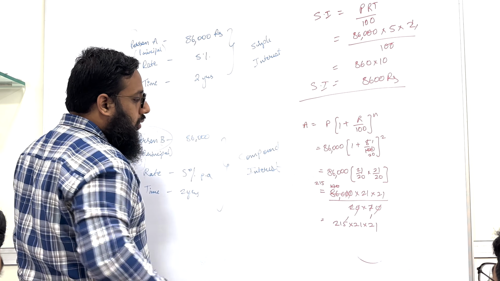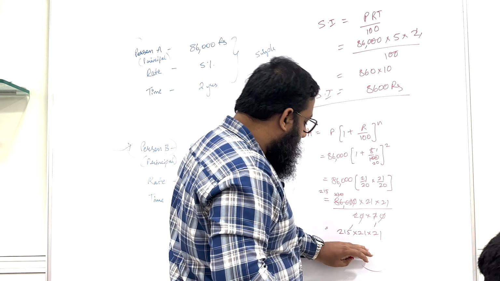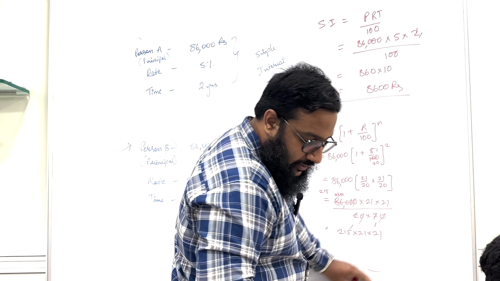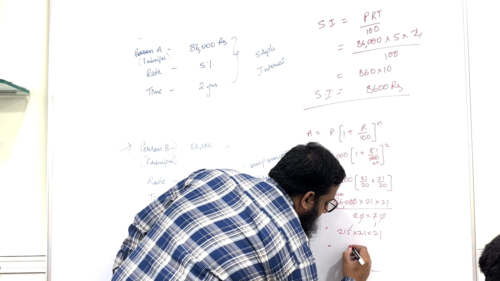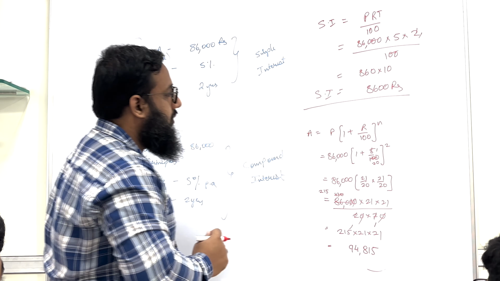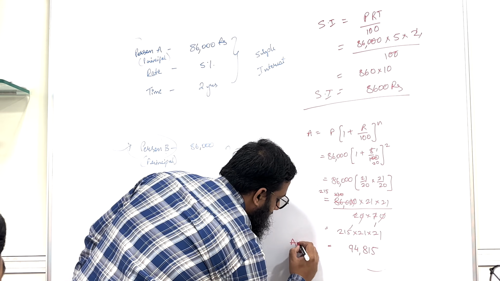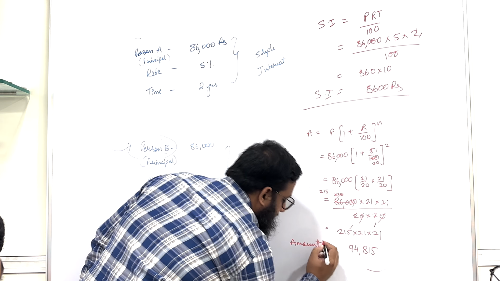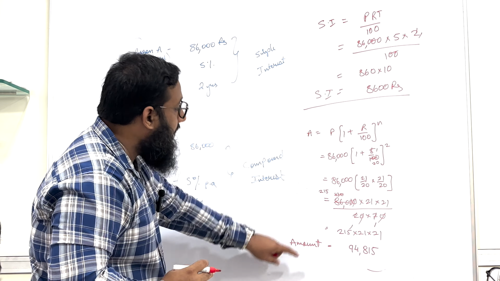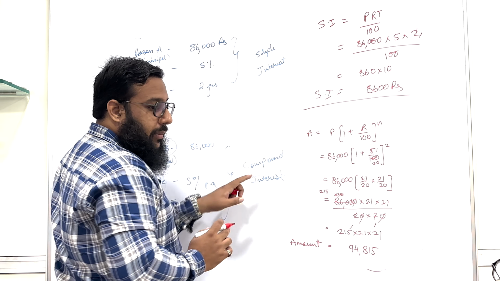If we calculate this, 215 into 21 into 21 comes up to 94,815 rupees. This is the amount. But we have to find the compound interest.